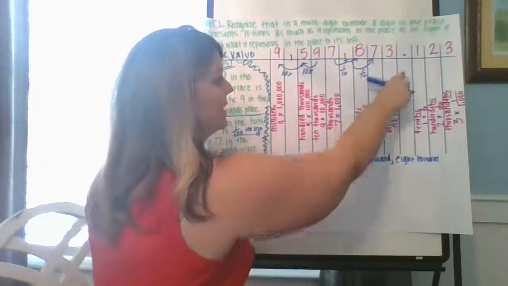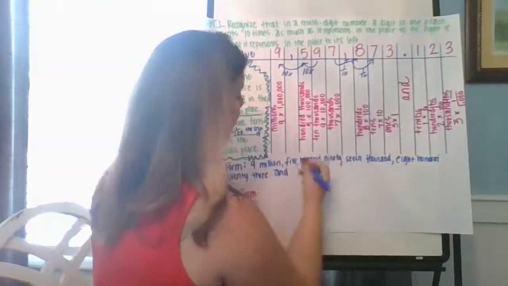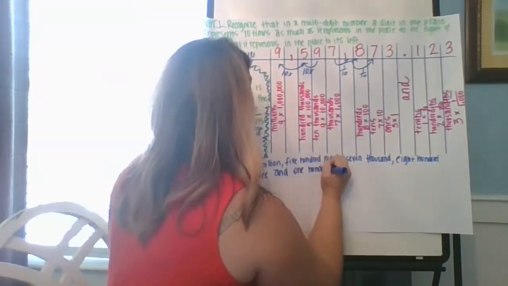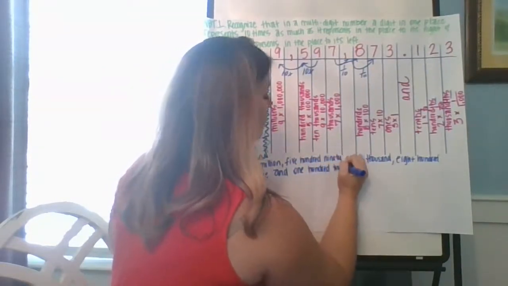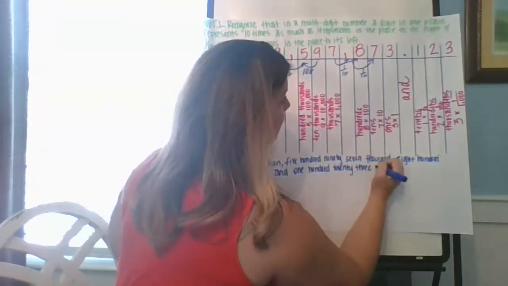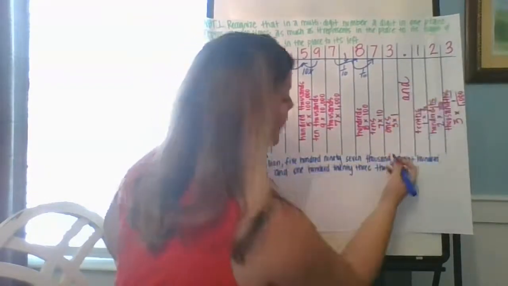Where the decimal is, I'm going to say and 123 thousandths, because that's the place that the last digit is in.